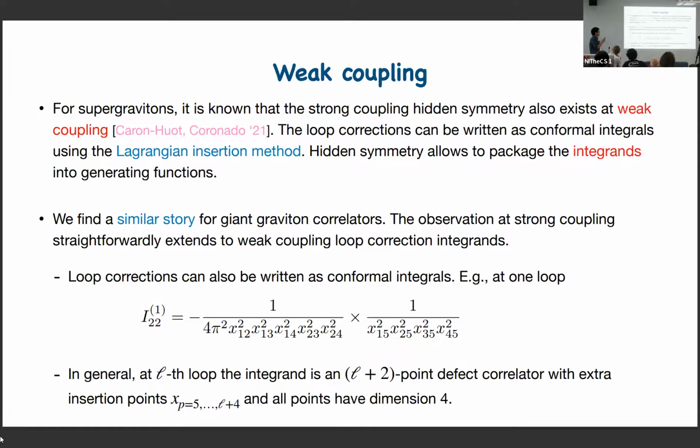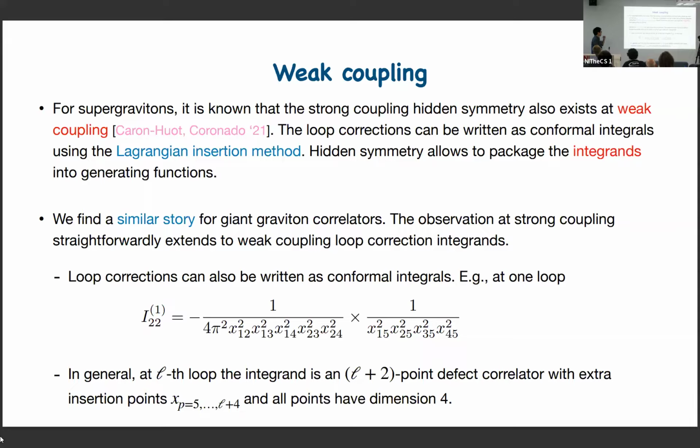There, at weak coupling, you can compute loop corrections using a method called Lagrangian insertion, which gives these loop corrections as integrals. What they found is that their prescription at strong coupling applies to the integrands in this Lagrangian insertion method. Now for the giant gravitons, we find a similar story.